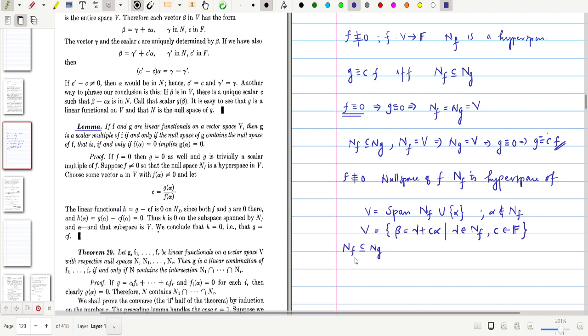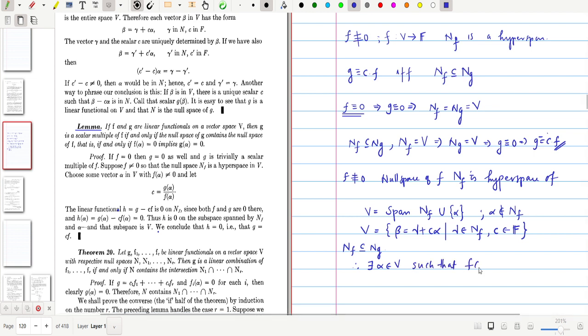So if Nf is contained in Ng, along with f being a non-zero linear functional, there exists alpha belonging to V such that f of alpha is non-zero.